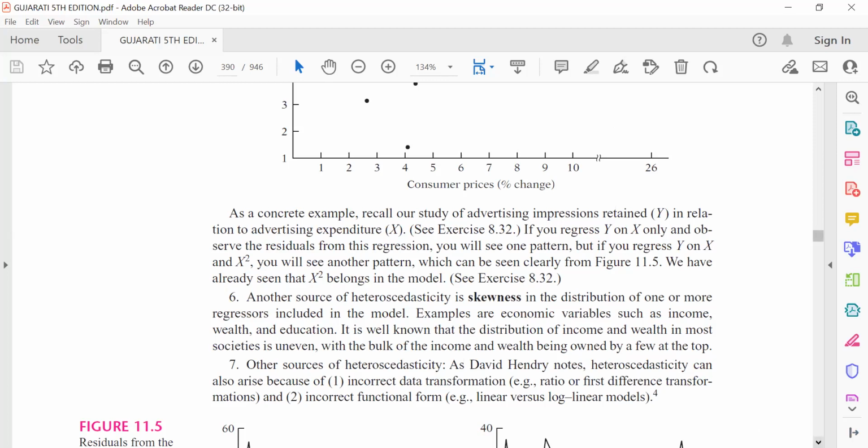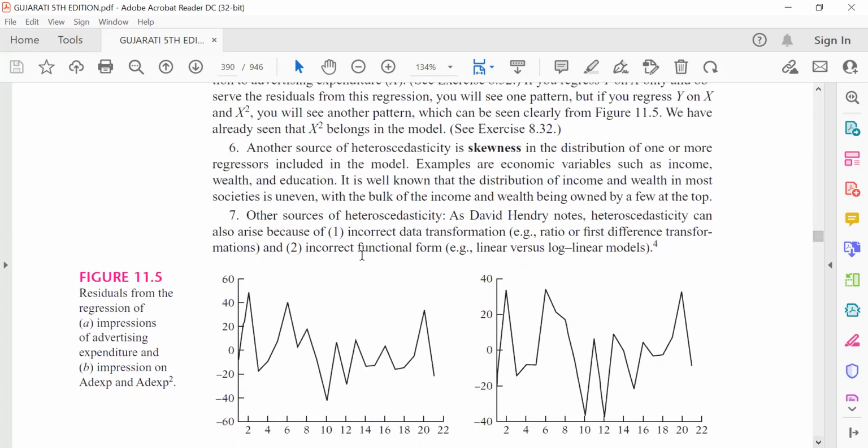Okay, the seventh: heteroscedasticity can also be caused by incorrect data transformations.